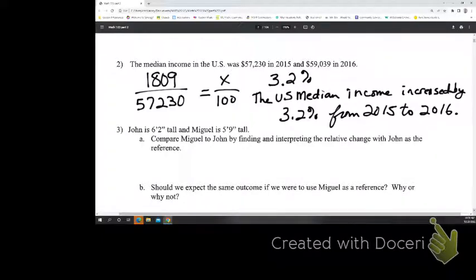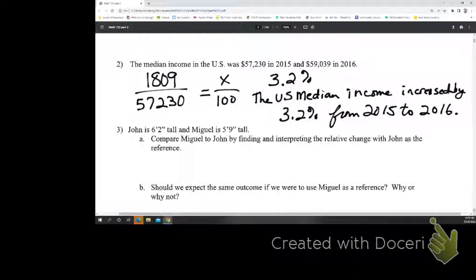So this relative change and absolute change, would you think about it as part to parts and part to whole? No. When we are finding the absolute change, it is just a number, the difference that it's changed. When we're saying the relative change, now we're saying it as a percent of the original.